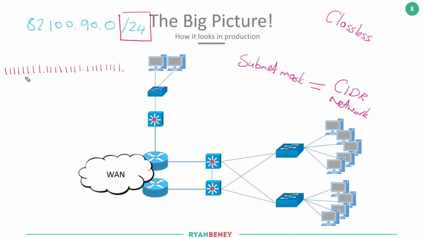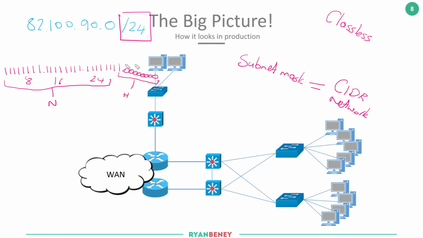Dot. So that's 8, 16, 24. And then the remaining bits are all turned off. Because it's 32 in total, take away 24, leaves 8. So 1, 2, 3, 4, 5, 6, 7, 8. So there's our host portion, and all of these here is our network.